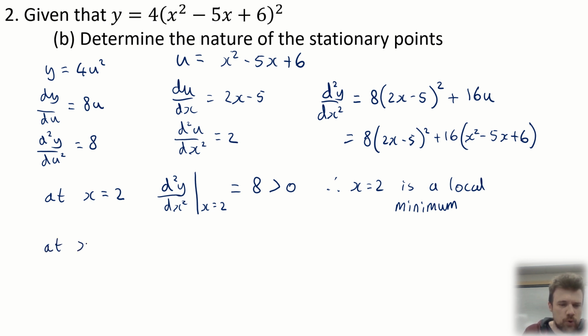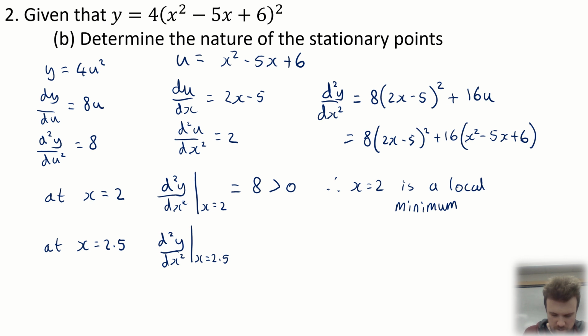At x equals 2.5, or 5 over 2, random switch of the decimals halfway through for no reason, then we plug 2.5 into there. Now the left-hand bit is going to come 0, and we instead just have to plug 2.5 into there. I'm going to plug that into the calculator. I'm not going to do that in my head. I could, like any of us could, but it doesn't mean I want to.